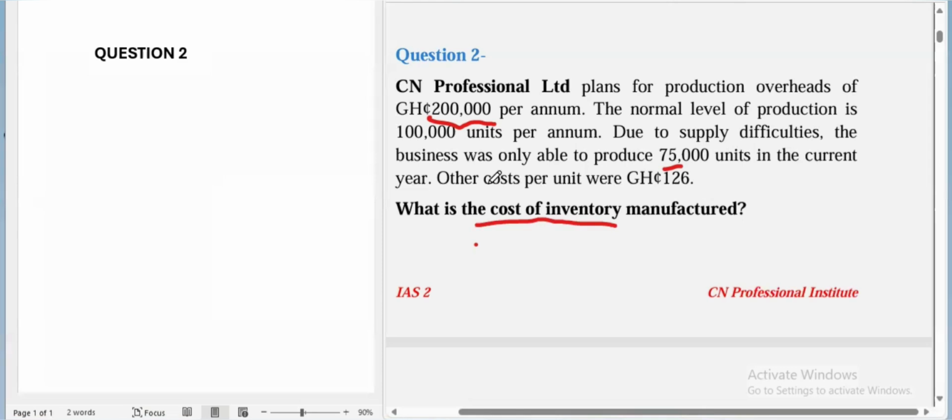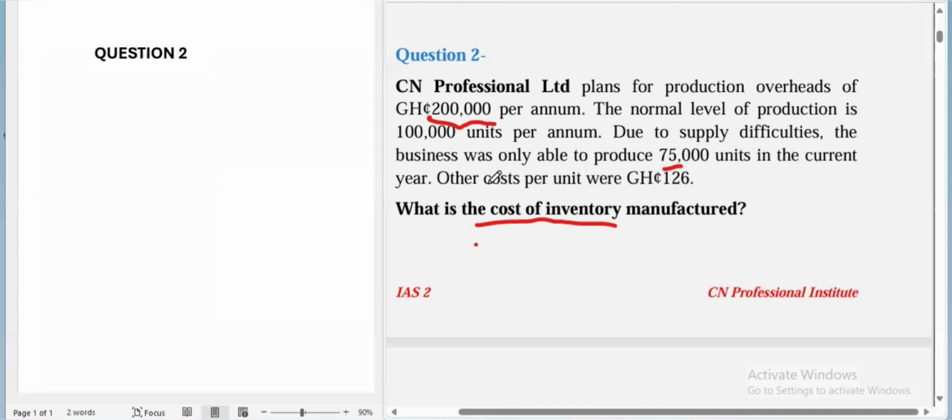If you watched the first part of IAS 2, we said to get the cost of inventory manufactured, that is to get the cost of conversion, we bring all the direct costs together. Then we get what we call prime cost.